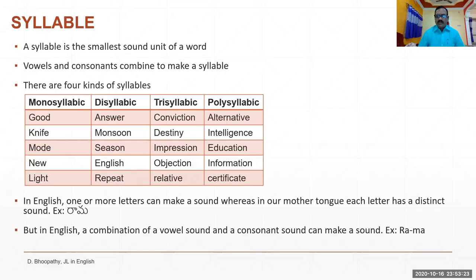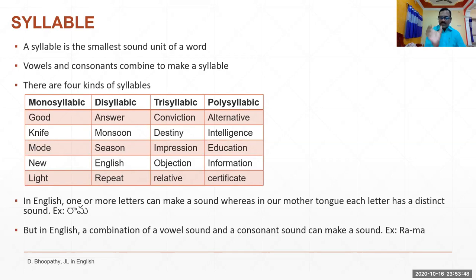Disyllabic means two syllables. A word has two syllables. For example, onsir. On, that is one syllable. Sir, that is another syllable. Monsoon: mon, one syllable; soon, another syllable.